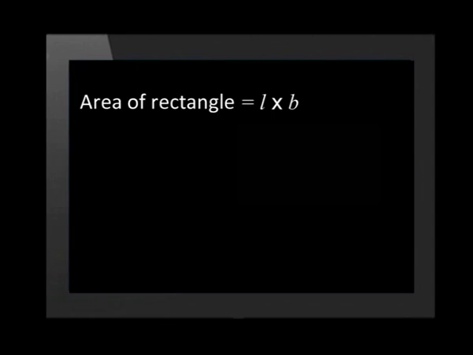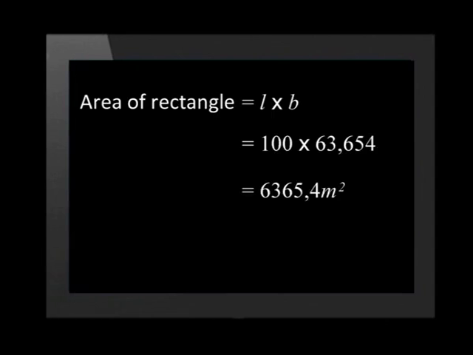When we substitute these dimensions into the formula for the area of a rectangle, we get the area to be 100 times 63,654. This gives us an answer of 6,365,4 square meters. Now we need to calculate the surface area of the 2 semicircles and then add these values to the area of the rectangle.